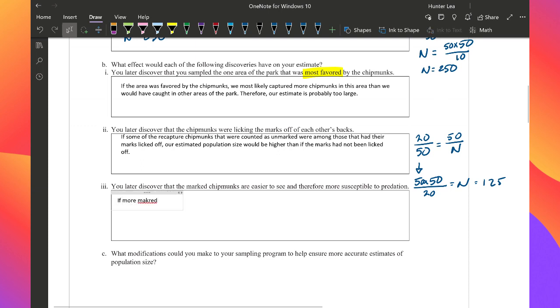If more marked chipmunks are captured by predators, we would recapture fewer marked chipmunks than we should, and therefore the population size we calculate would also be reduced.